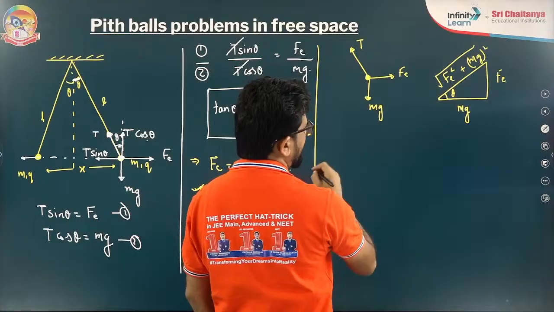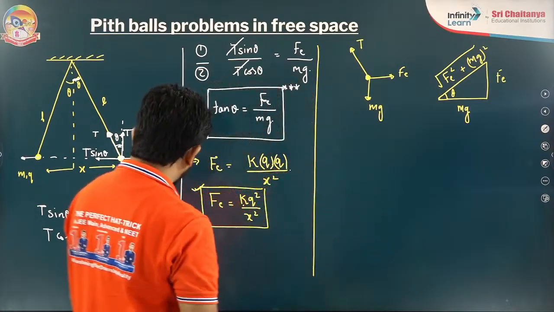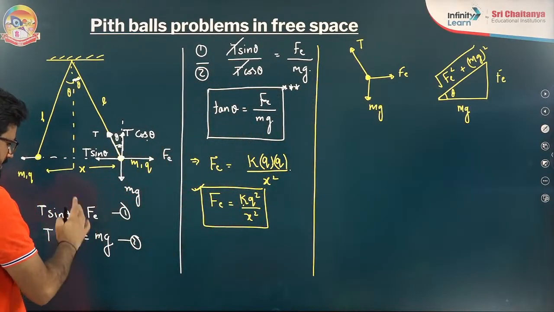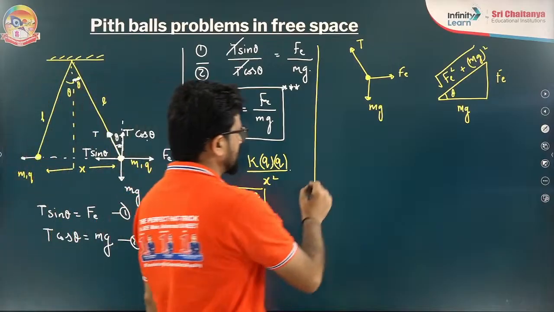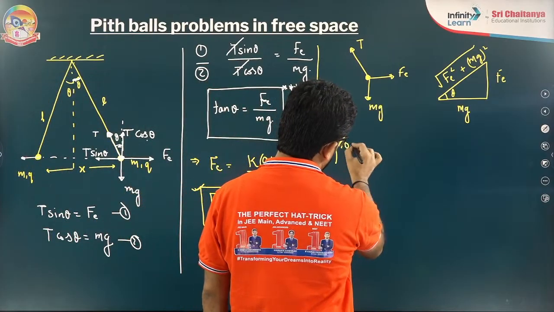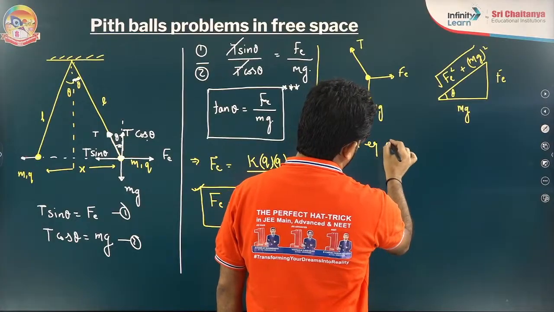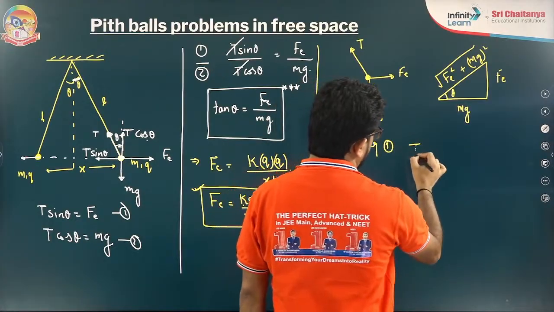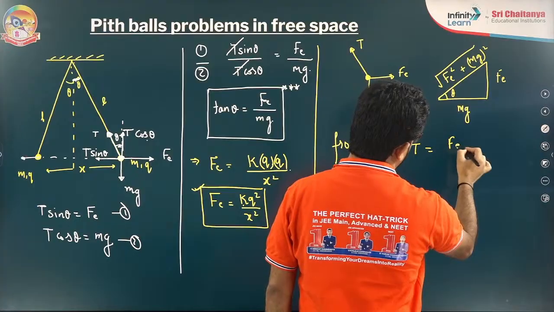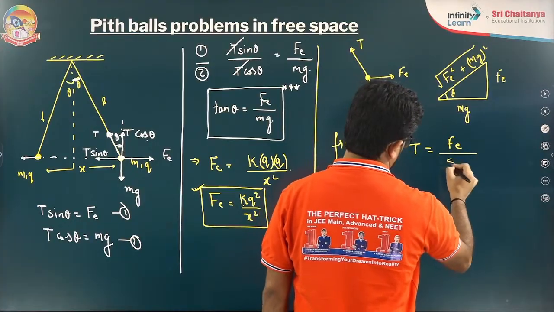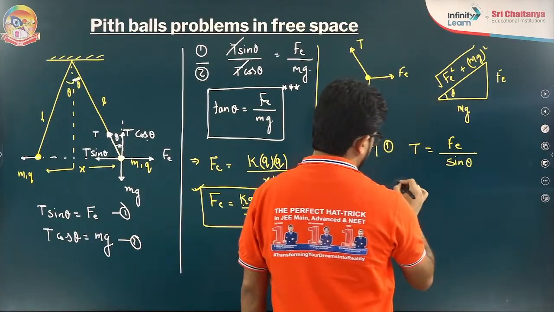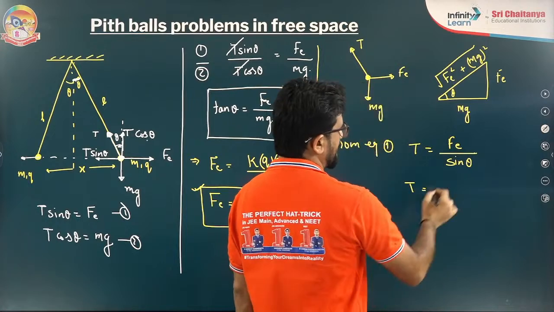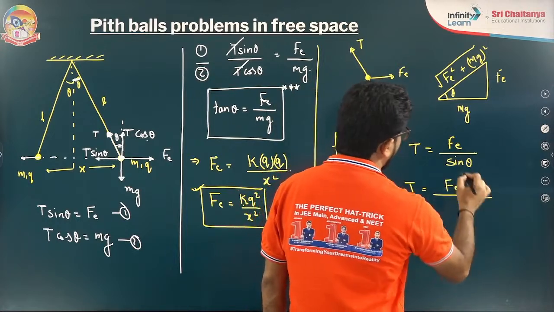Now, what we are saying is find the tension value. From any equation, equation 1 or equation 2, you can get the tension value. Suppose I am saying from equation 1, tension is equal to Fe by sin theta. What is the value of sin theta?